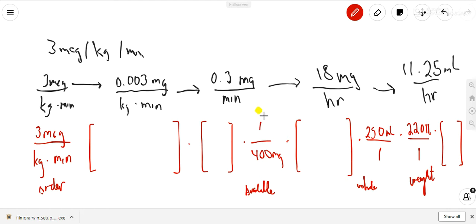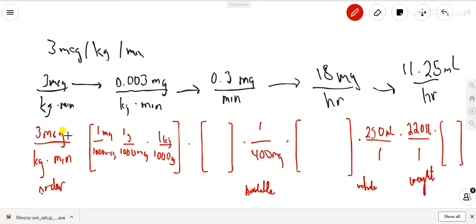When we do that, we first find that we have to do some converting, because we need to get these micrograms into kilograms.